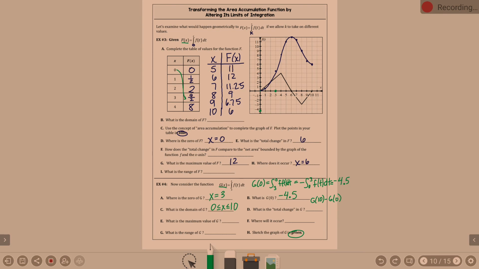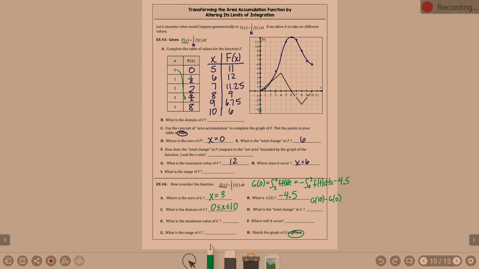Negative 4.5. The other value we already know. When we plugged in 3 yesterday, we got 4.5. When we plugged in 3 today, we got 0. That changes 6. Well, okay. Don't think total change.